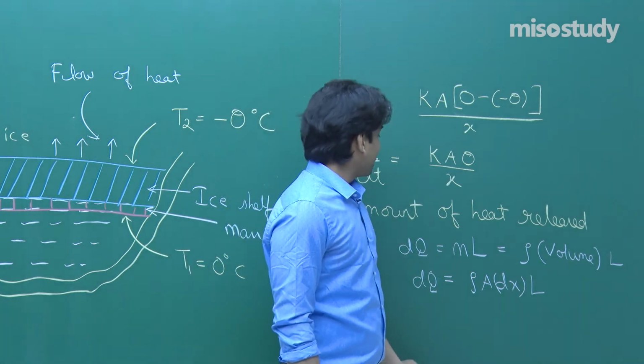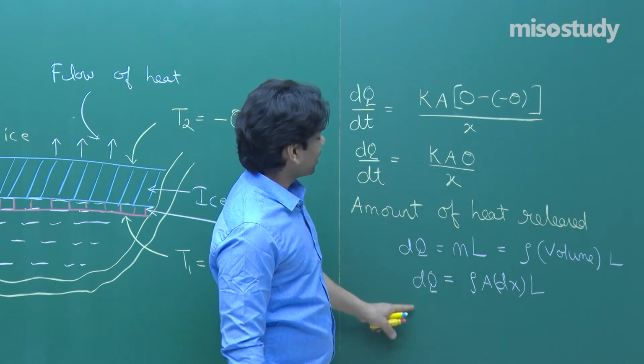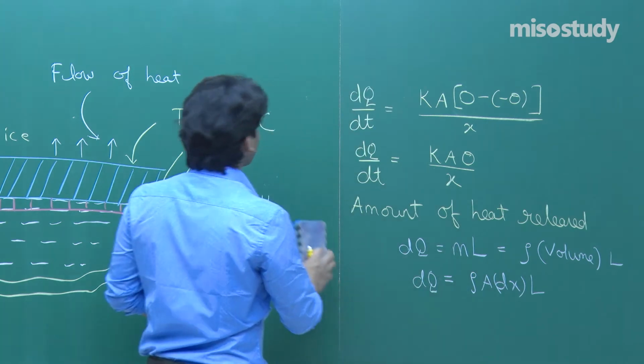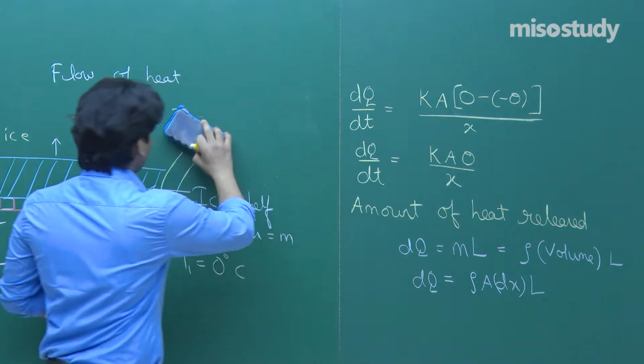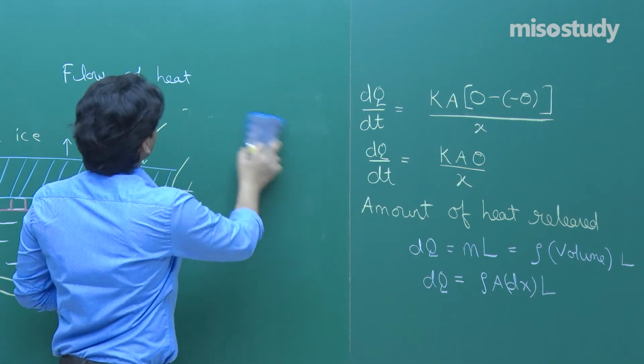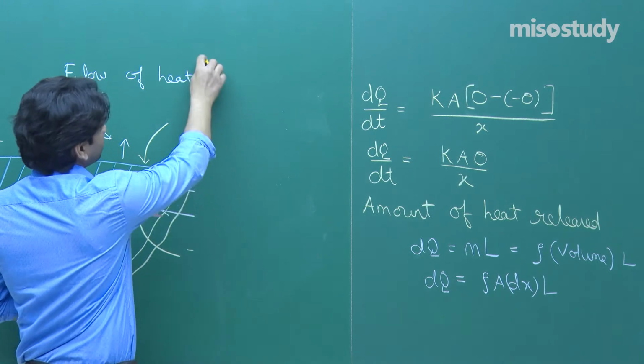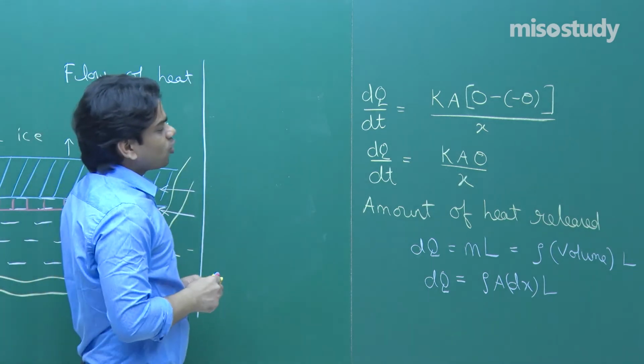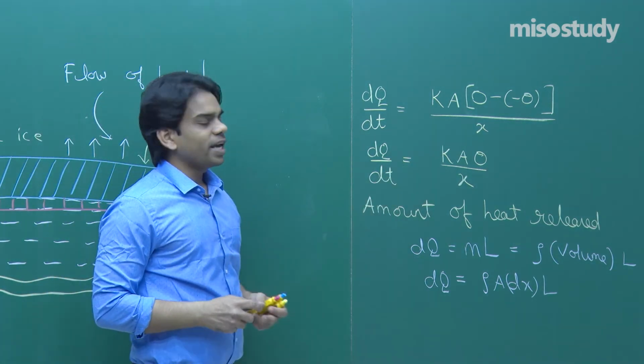Now if I replace, here we have dq by dt, and here we have dq. So can we write an equation? Let me use this part of the board. I believe you would have seen this diagram and understood. dq by dt is equal to k A theta by x.